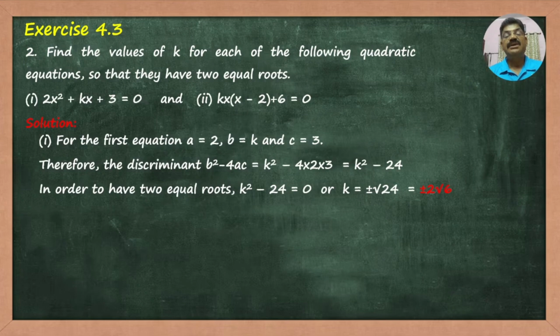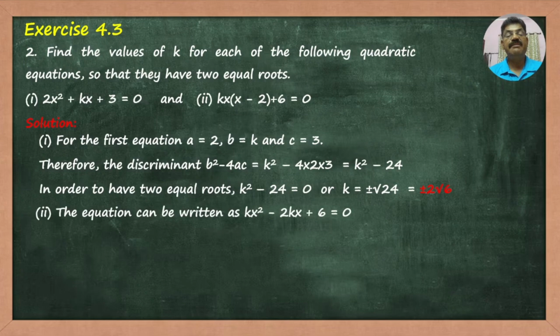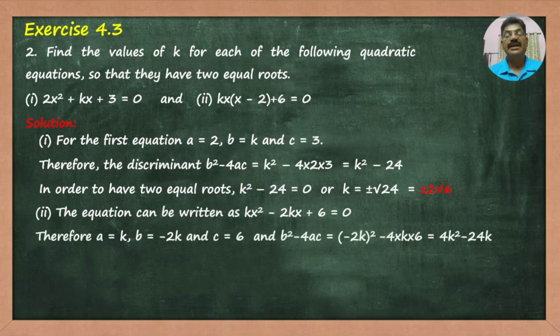In order to have two equal real roots, k² − 24 = 0. Therefore, k = ±√24 or equal to ±2√6. Second problem, b² − 4ac = 0 gives 4k² − 24k = 0, because in the second problem a = k, b = −2k and c = 6.